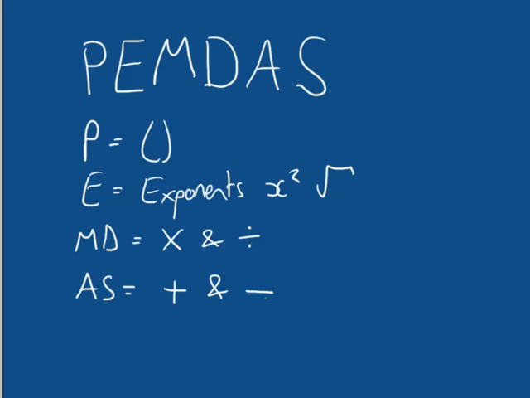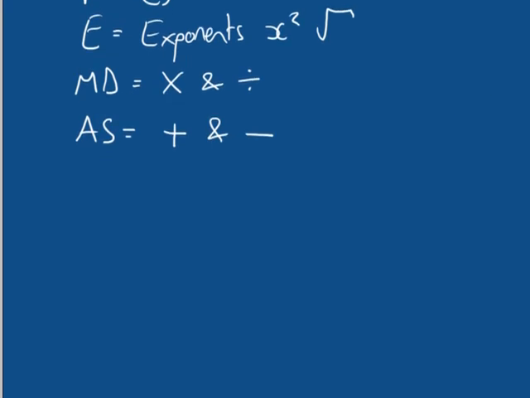There is another variation on this depending on which school you went to where you may have learnt this. There are sort of 2 common mnemonics that are used. So just in case you've encountered a different one, let me scroll down and cover that as well. The other one that you may be familiar with is BODMAS. It's the exact same thing, it just uses different words. So BODMAS, B-O-D-M-A-S.